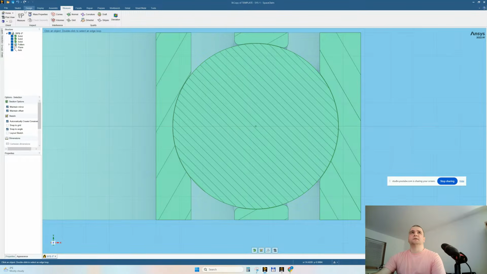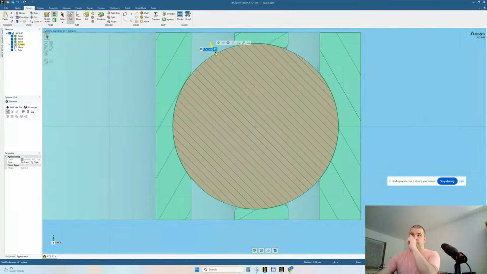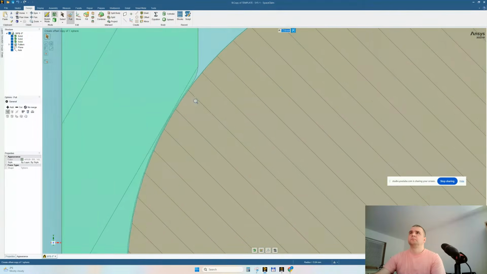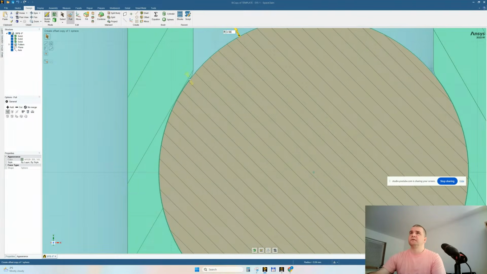Let's increase the ball radius. 3.54. 3.55.